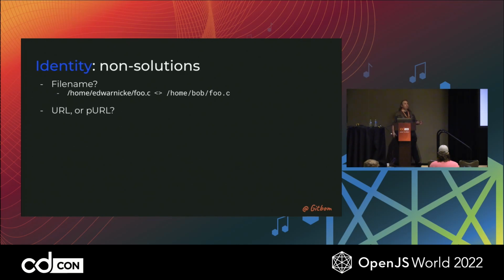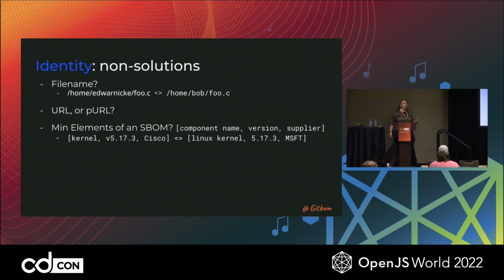So lots of other people extended the concept of locators with file names to look around and say, well, what if we used a URL? There's even an entire really excellent standard called PURL for package URLs, trying to sort this out as well. But this has the same problems with not being canonical or unique or being immutable that you run into with file names.